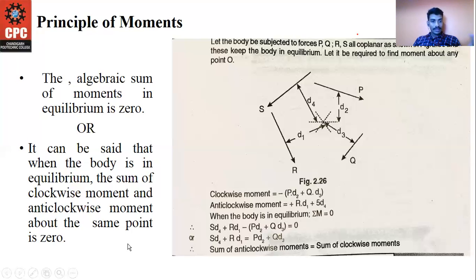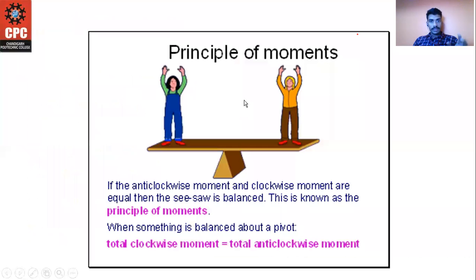So in the next slide, I have a beautiful example for you about the principle of moment. If the anti-clockwise moment and clockwise moment are equal, then the seesaw is balanced.